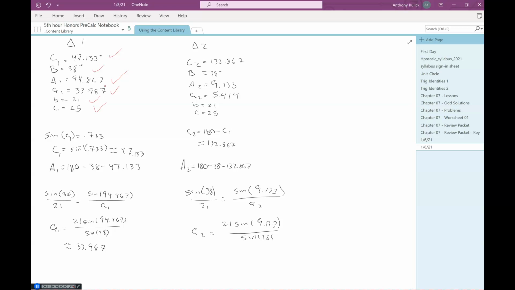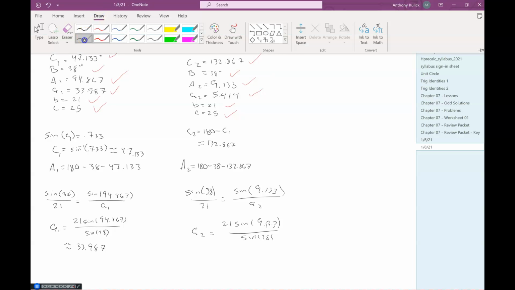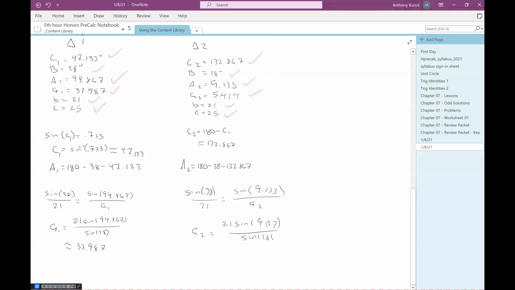And the next one, I have the biggest angle across from the biggest side, the middle side across from the middle angle, and the smallest angle across from the smallest side, which also seems to match. So I'm pretty confident that these ones were done correctly. Again, that's a quick little easy check that you can do at the end. Doesn't tell you absolutely that it's right or wrong, but if you made a bad mistake, it'll catch those for sure.